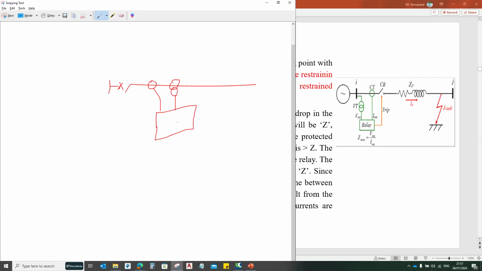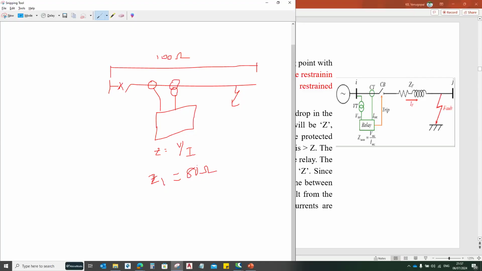Inside the relay, it will calculate Z, so Z is nothing but V by I. Let us assume that this is 100% of the transmission line, 100 ohms from the starting point to the 100%. As the first setting, I will select Z1 as 80 ohms.